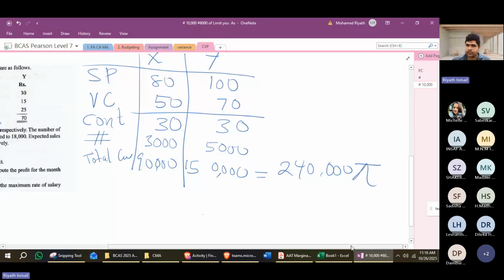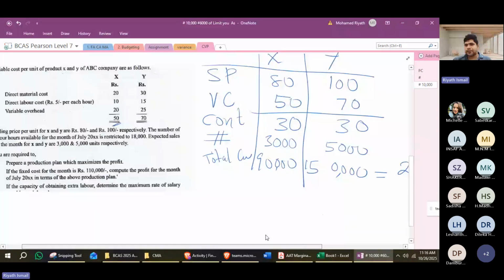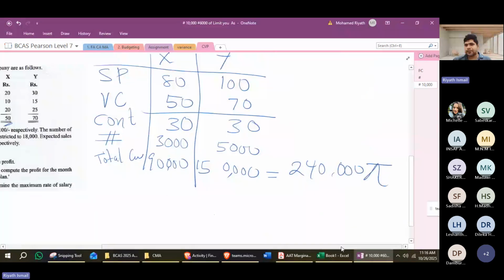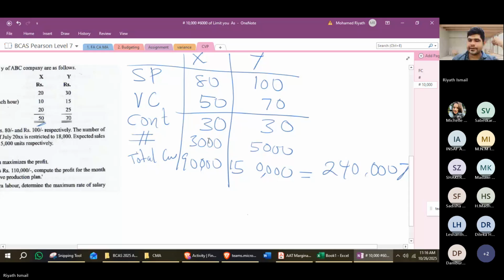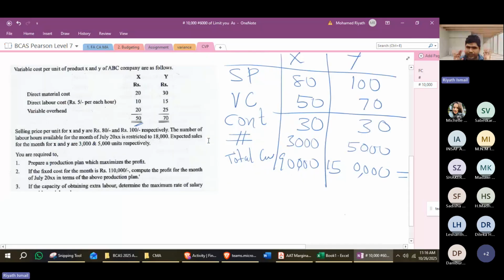But is it possible to make this 240,000 in the current scenario? Is there any limiting factor here? Yes. Available labor hours are restricted to 18,000.